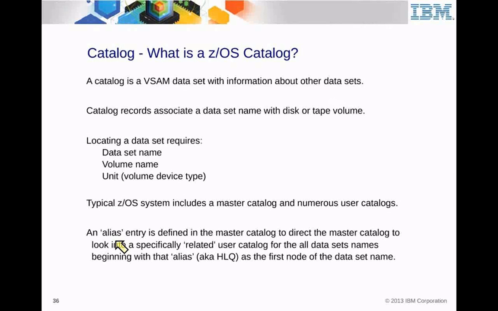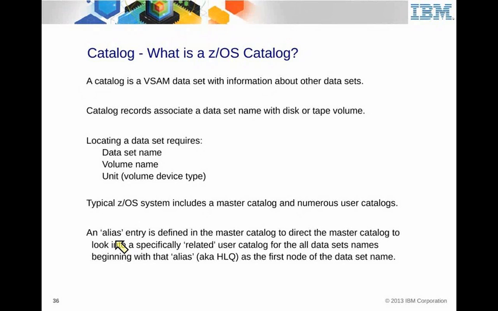So if I want to find zIBM000.jcl, it may go to the master catalog, and the master catalog says, well, I know about zIBM000, but I don't have all the information. I need you to go to this user catalog that the alias entry is associated with in the master. It says, go to that user catalog.